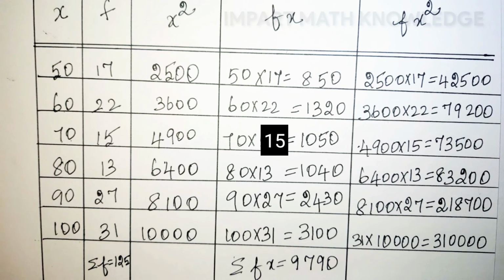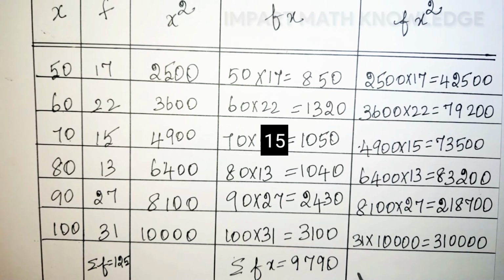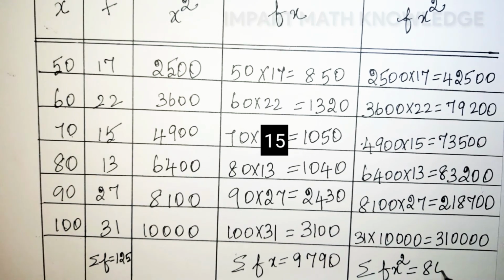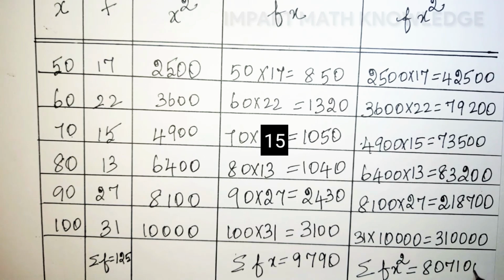After multiplying the frequency with x square, you have to take the total. Summation fx square is equal to 807100.